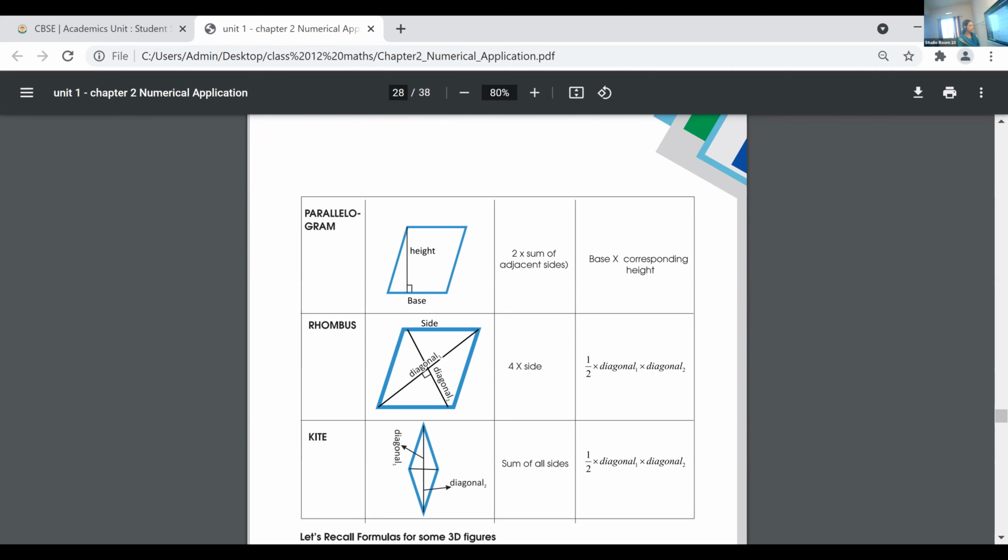The same formula you will use for a kite: area is half into D1 into D2, and perimeter is the sum of all its sides.